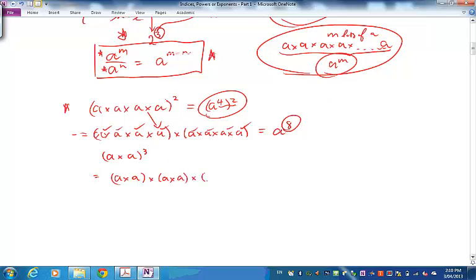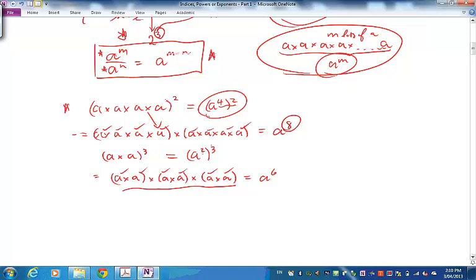Cubing means you get the number repeated 3 times. And what would this be in Powerland? This would be a squared all cubed. What meaning could that have? Well, let's have a look down here, doing it in the old way. 1, 2, 3, 4, 5, 6 a's. A to the 6.